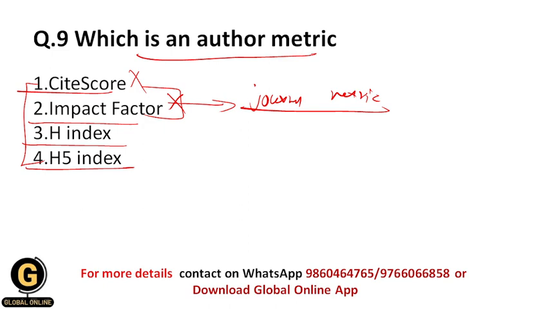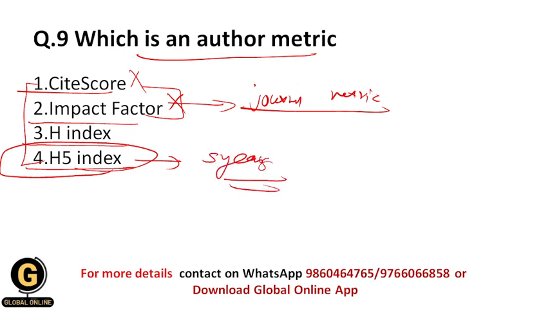Now let us see H index and H5 index. Again we have seen about H5 index. It is going to track the citations for the preceding 5 years, and that's why again this is a journal metric. This is not an author metric, so this option gets eliminated. So the remaining option is H index. So this should be your correct answer, okay, because H index is an author level metric that measures both the productivity and citation impact of the publications, initially used for an individual scientist or scholar, okay.